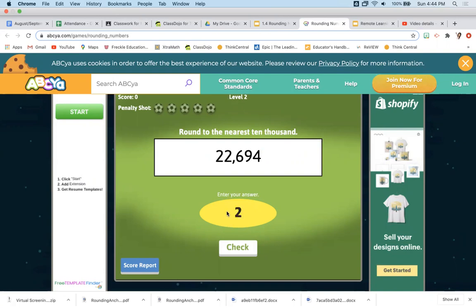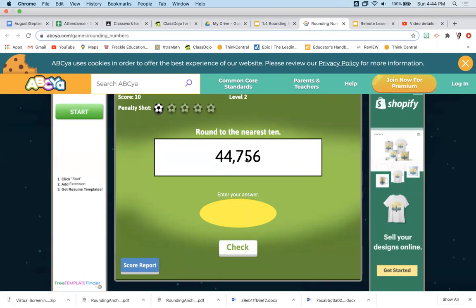So I'm going to type here, the 2 stays the same, and everything after becomes a 0. So 22,694 is about 20,000. Let's see if I'm right. And I got it.